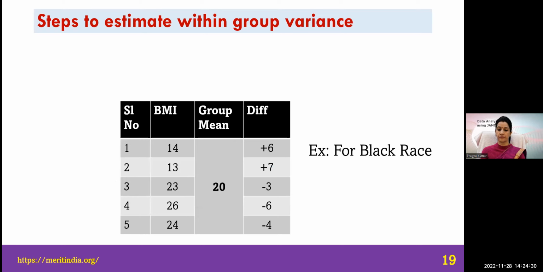This is shown for 5 individuals. This is the group mean and I have deducted 14 from 20, 13 from 20, 23 from 20, so that's why it is -3. But the positive or negative sign does not matter here because ultimately we are going to square it, so it will become positive.